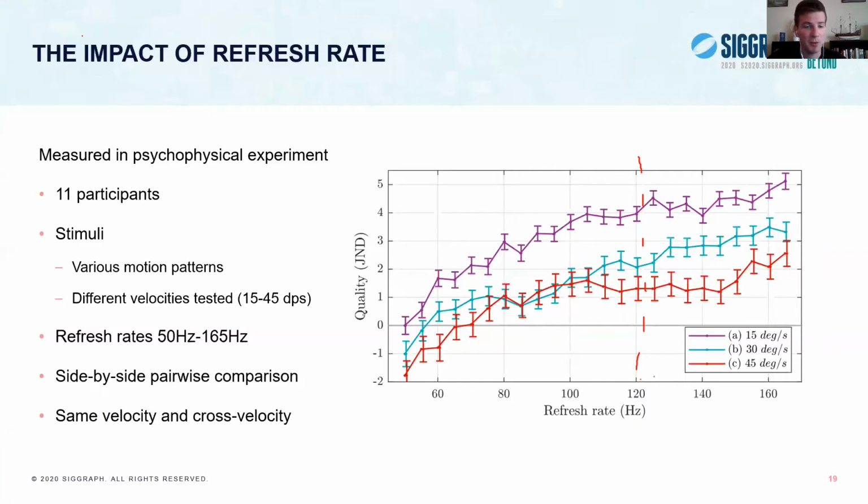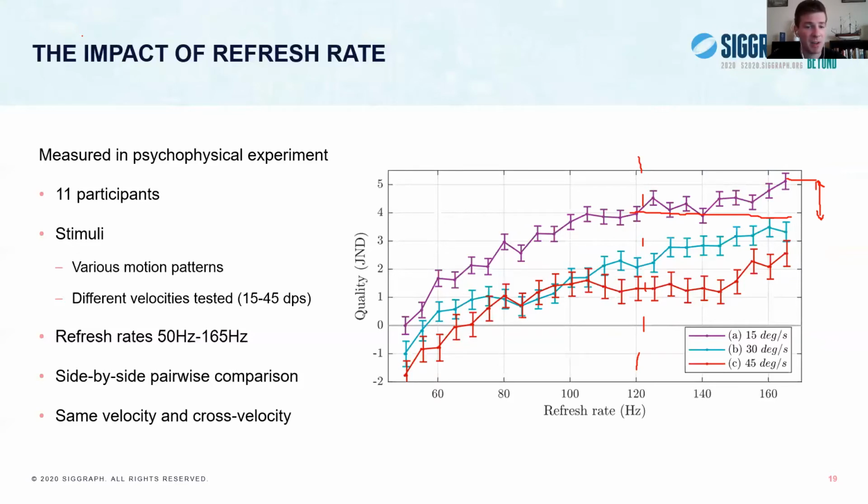For example, there's usually a 1 JND difference between 120 Hz and 165 Hz. Now, 1 JND means that 75% of the population is able to spot the difference and identify 165 Hz as being better.